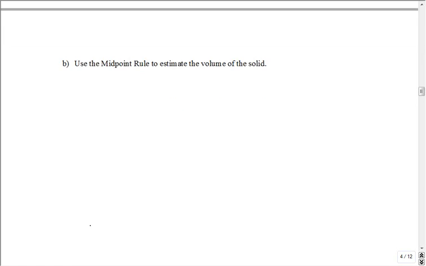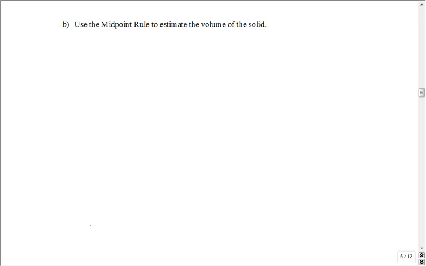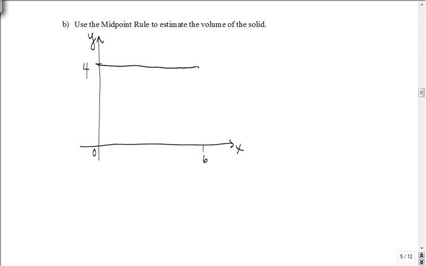Let's draw the rectangle again. 0, 6, 4. We want 3, 1, 2, 2.